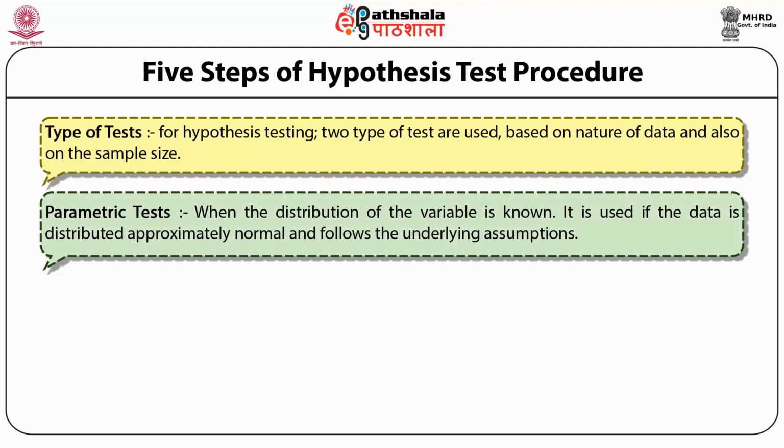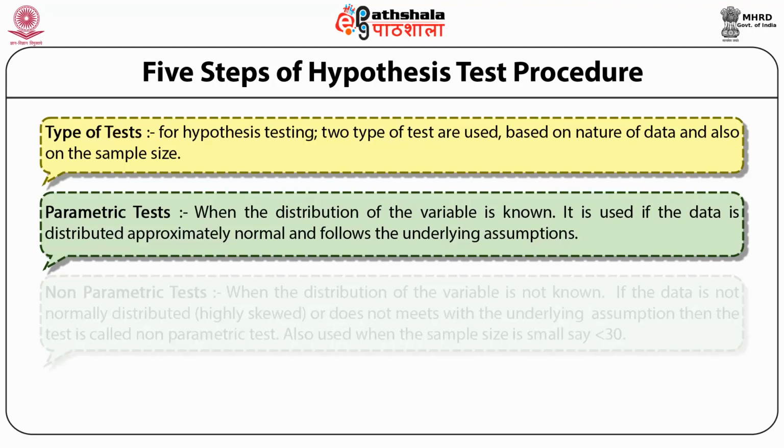It is defined as when the distribution of the variable is known and it is approximately normally distributed, and it also follows underlying assumptions. Then we need to apply a parametric test. Parametric tests are generally the t-test, F-test, Pearson correlation, or regression analysis. These are called parametric tests.